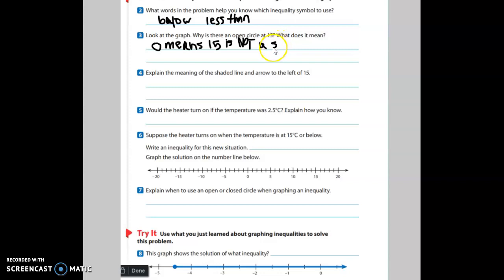Which makes sense because 15 is not less than 15. They're the same, they equal the same, so it can't be a solution to this inequality. Because that makes no sense.